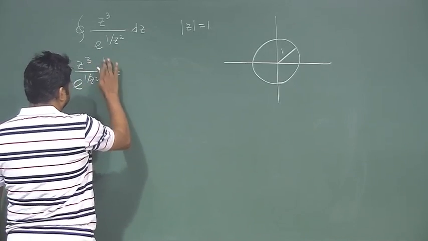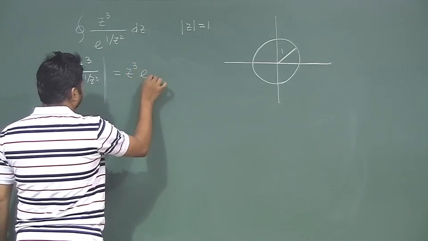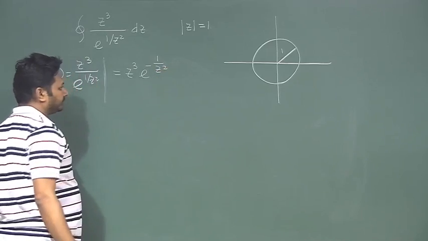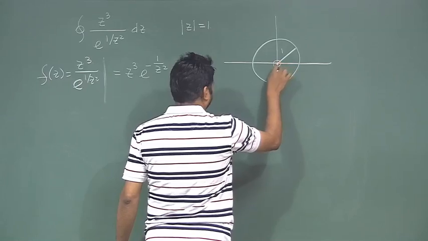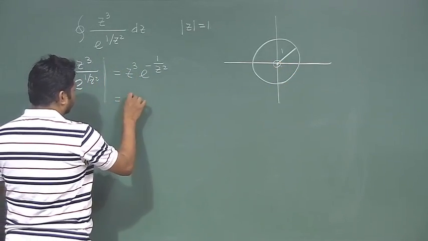So, this function I can write as z cubed e to the power of minus 1 by z squared. The singularity is sitting here. Now I am going to expand this function.